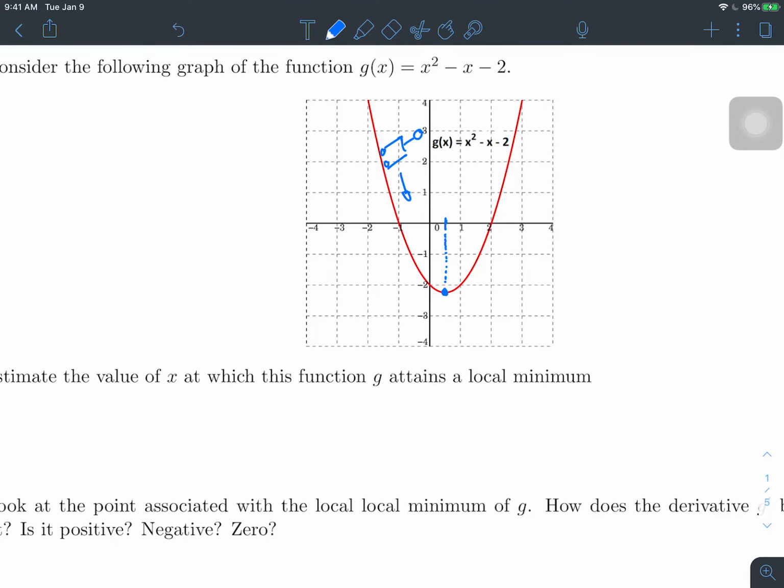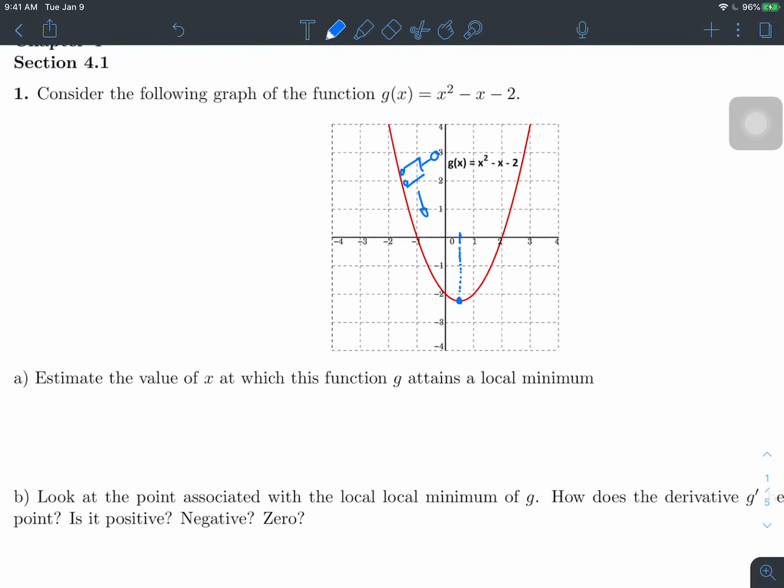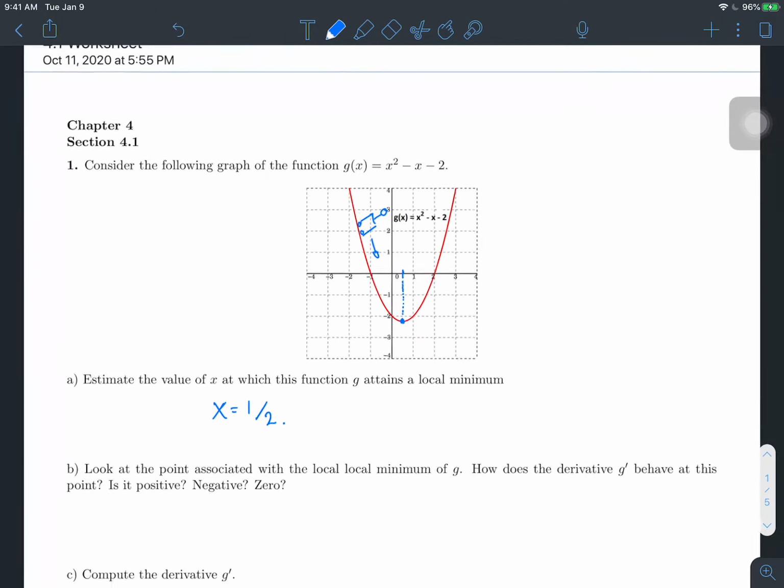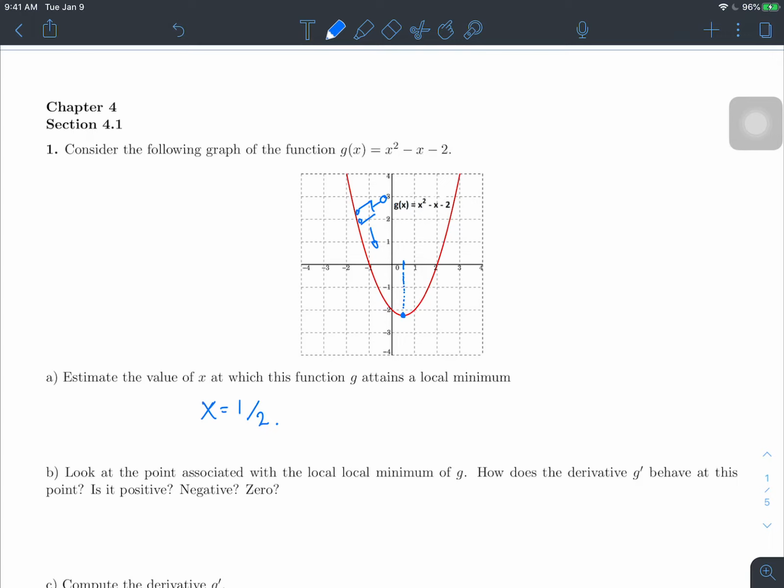So it looks like g attains a minimum at x equals 1/2.